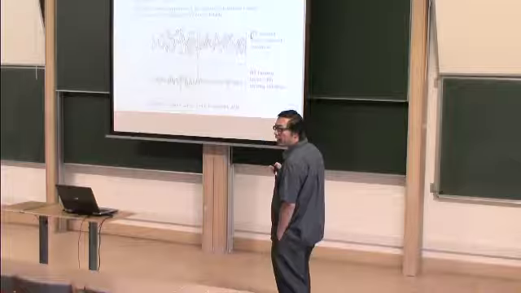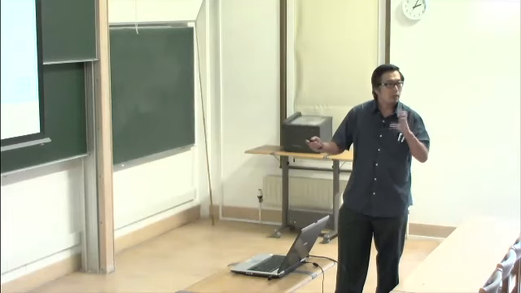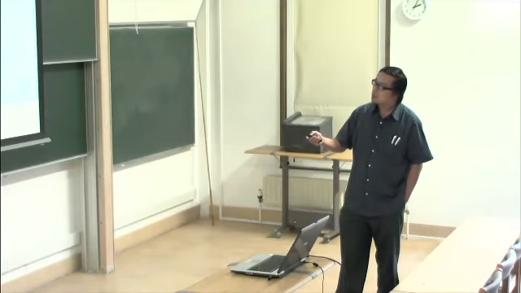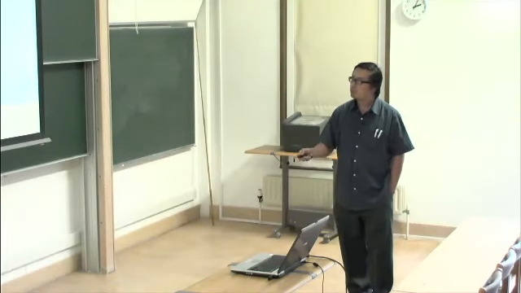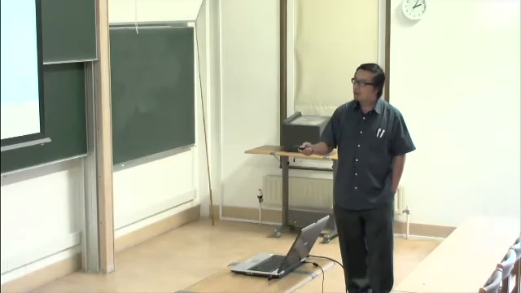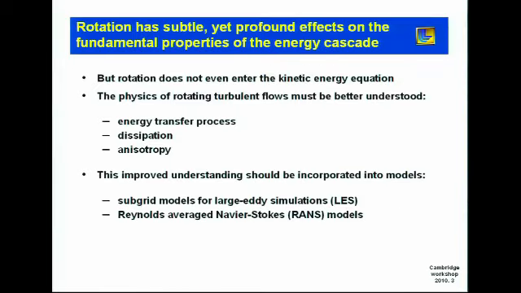But if you start to apply rotation with different speeds, with a not very strong rotation you can see a small reduction in the growth of the mixing layer. If you apply rotation at a higher and higher speed, the development of the Rayleigh-Taylor mixing layer starts to get suppressed. In the end, when you have a really strong rotation, you basically suppress the growth of the Rayleigh-Taylor instabilities. So it's just interesting.